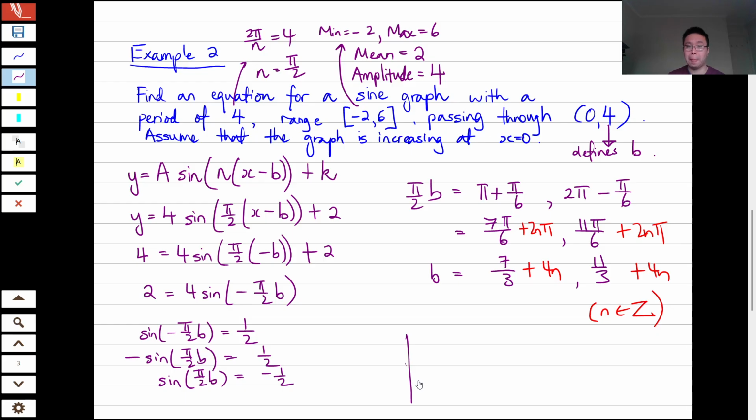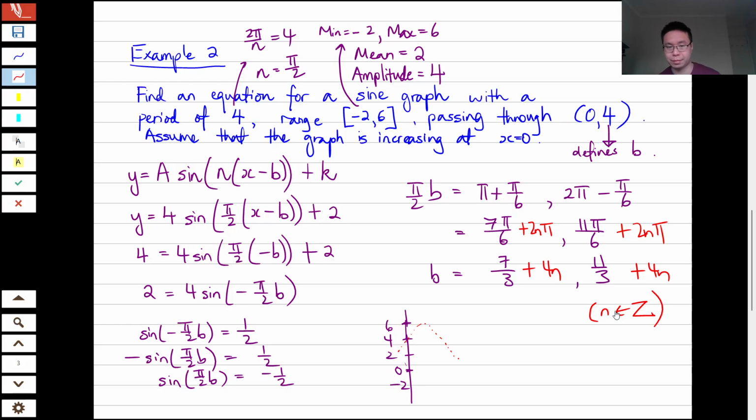So we have the graph going between -2 and 6, and the graph passes through the point 0, 4. So I don't know exactly what this graph is going to look like, but it'll be something like this rather than this. We're not going to have the solid line because we're told that the graph is increasing when x equals 0.